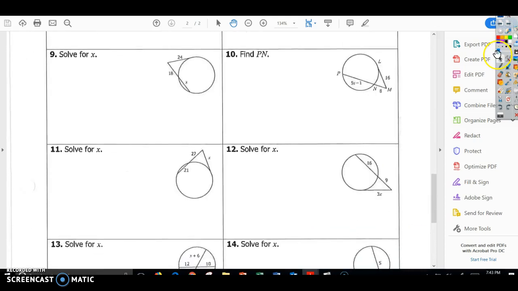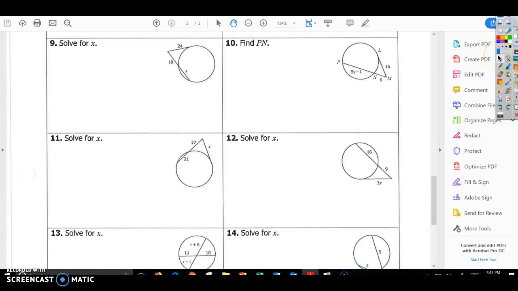We're going to look at some that have a tangent and a secant. Okay, so if you look, this one only has a number on the outside. So this means we're looking at type 3 if you refer back to the formula sheet at the top of your page.